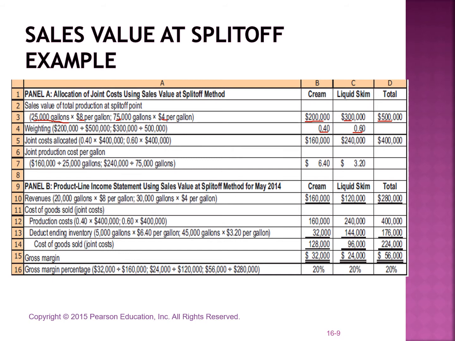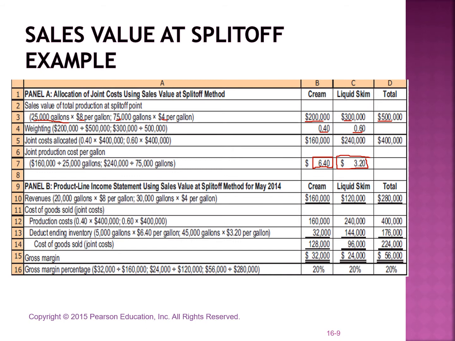This results in a joint production cost per gallon of 6.4 for the creme and 3.2 for the liquid skim. So up to that point, all I did was allocate the joint cost over the two main products using the sales value at the split-off point.